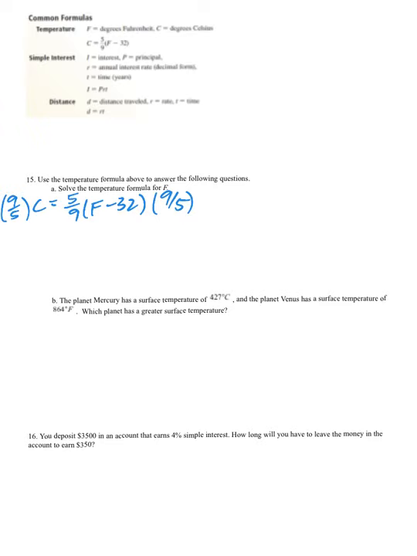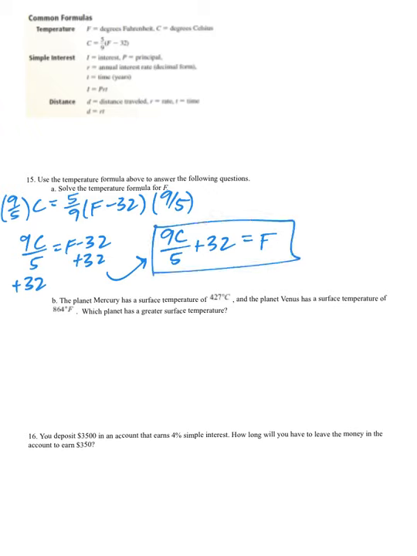So I'm left with 9/5 C, or you can write that as 9C over 5, equals F minus 32. And then I just have to add 32 to both sides to get the F alone. So I end up with 9C over 5 plus 32 equals F.